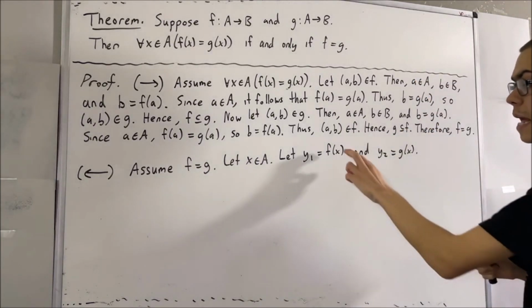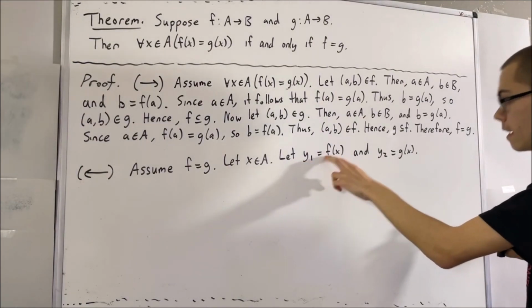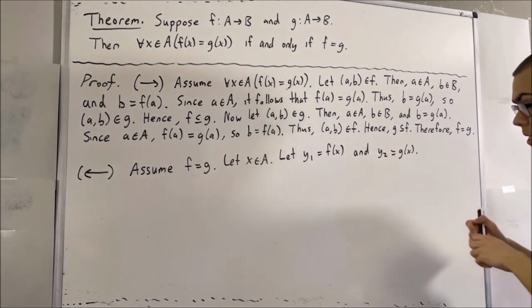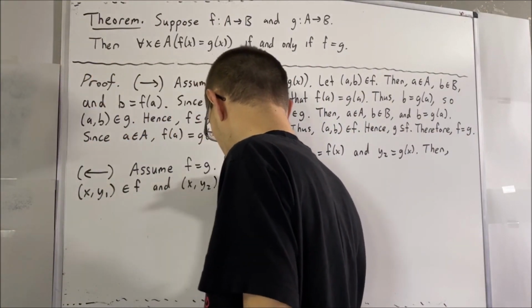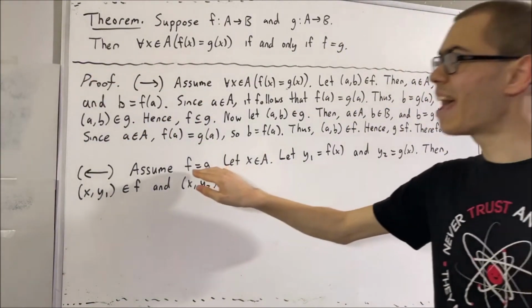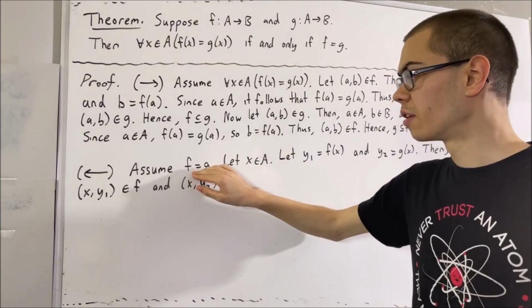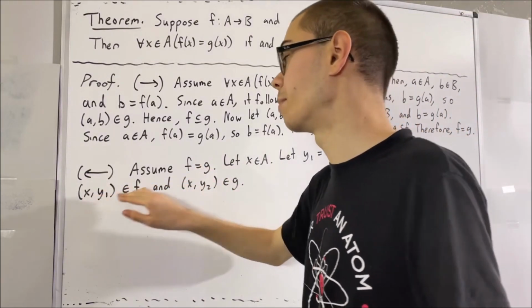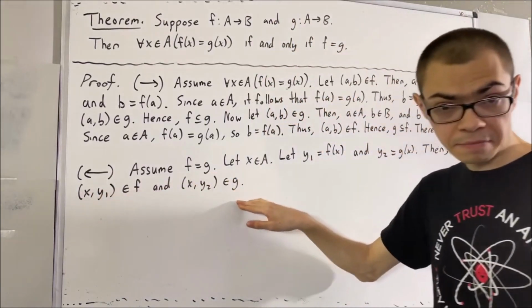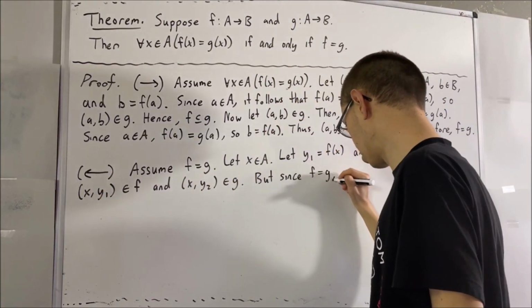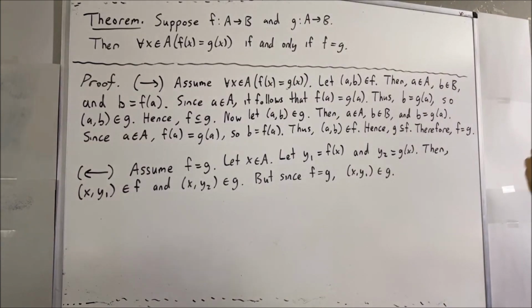And therefore, (x, y1) is an element of f, (x, y2) is an element of g. But since f equals g, because (x, y1) is an element of f, we know that (x, y1) is also an element of g. Now, notice what we have here.